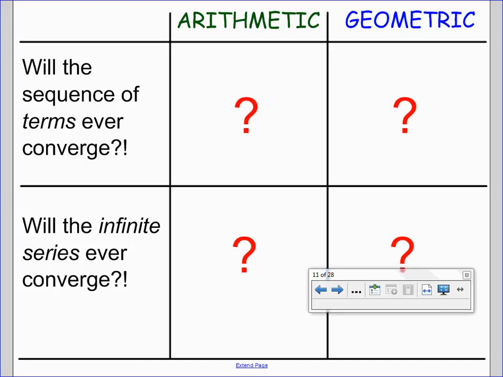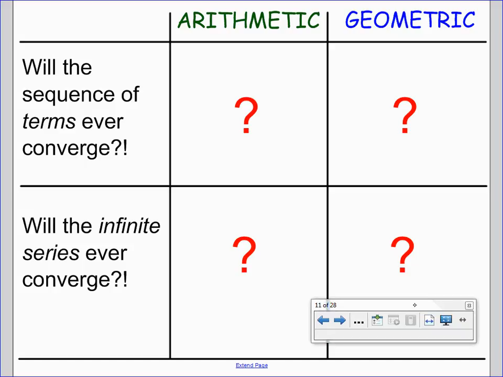If it's a geometric sequence, is there a particular value that the term values are approaching as n gets infinitely large? Then we can answer the question, does the infinite series, the sum of the terms in that sequence, converge? Is there a particular value that the partial sums are approaching as n goes to infinity? We're going to answer that question for both arithmetic and geometric, and that's our task, our goal.